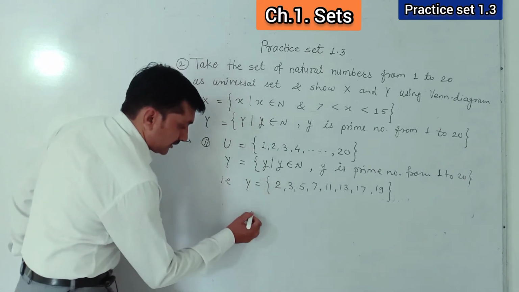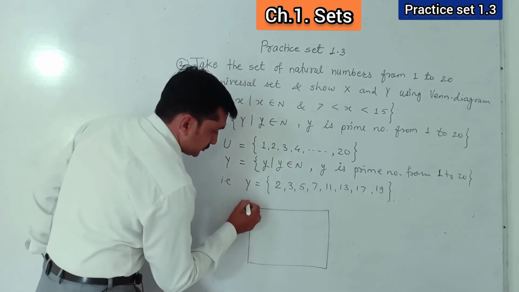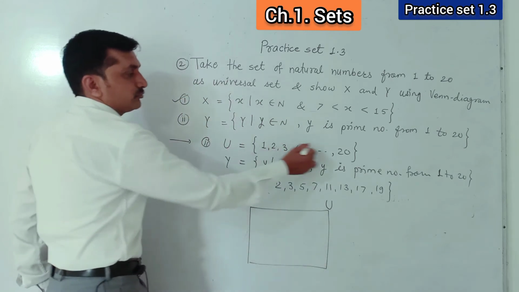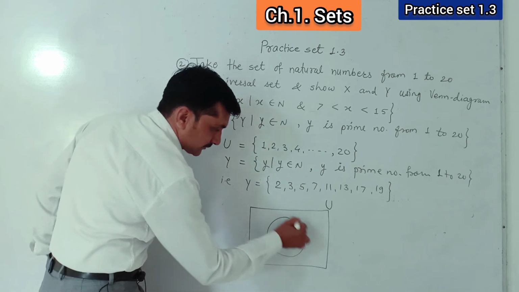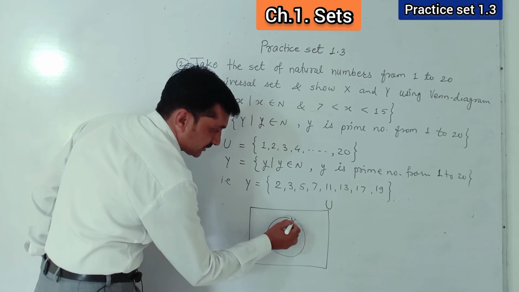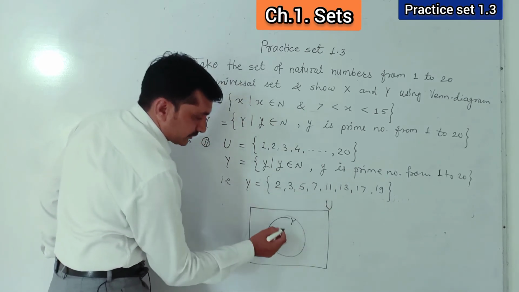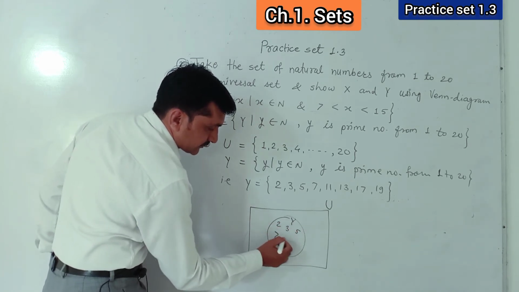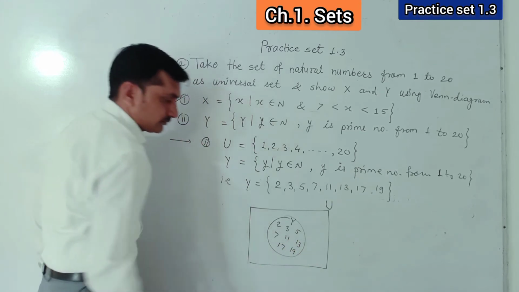Now the Venn diagram. Again I take a larger rectangle. Here I write U, the universal set, all 20 numbers will come here. The primes we have to write in the circle, and it is Y. Now write the prime numbers inside: 2, 3, 5, 7, 11, 13, 17, 19.